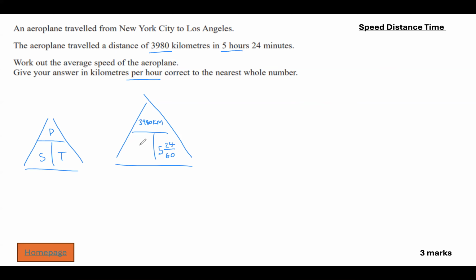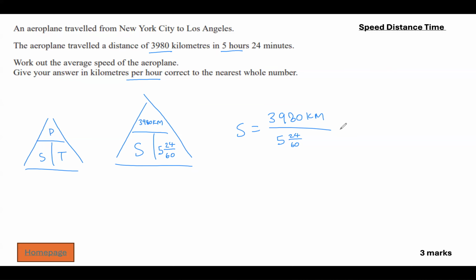So it says work out the average speed. So we're looking for the speed. So speed is therefore equal to 3,980 kilometers over 5 and 24 over 60. So if we complete this division, we get 3,980 divided by, now you can use your shift and then the fraction button to get a mixed number on your calculator, 5 and 24 over 60.